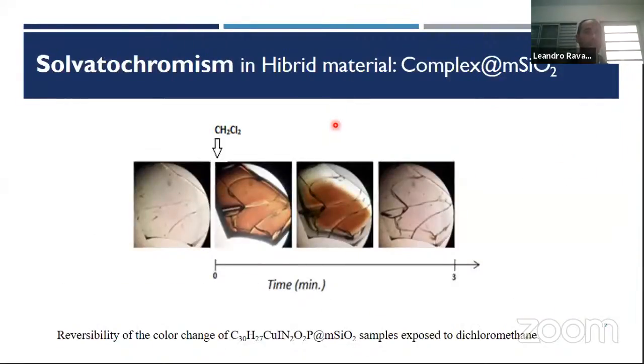And here you can see the solvatochromic effect was also observed for the complex incorporated in mesoporous silica. After being in contact with organic solvent, the sample changed color after 3 minutes, and after a few minutes, the sample returns to the original color, as we can see here.